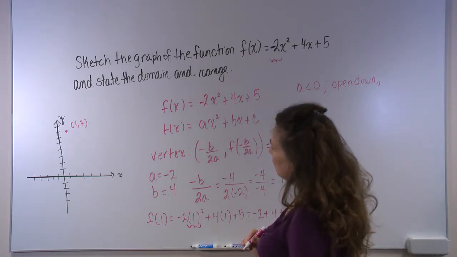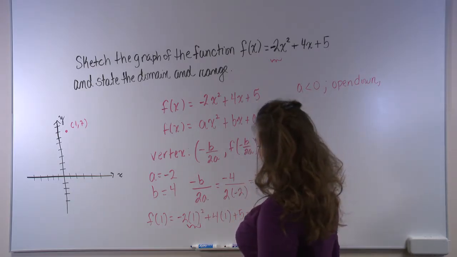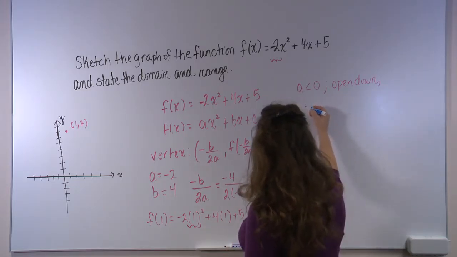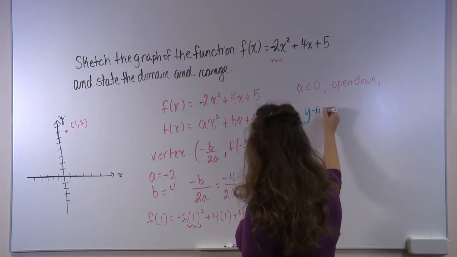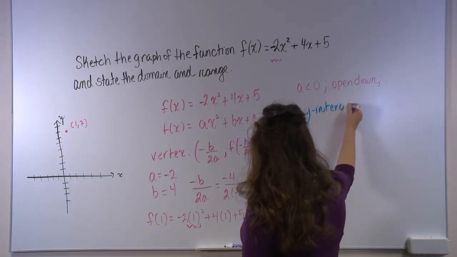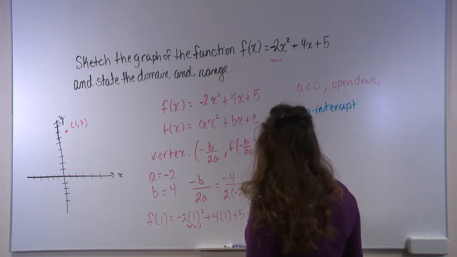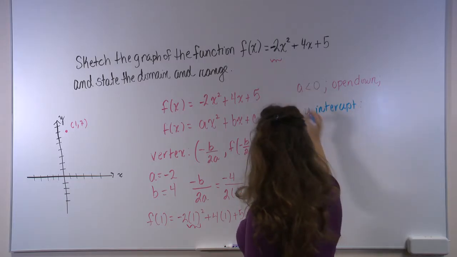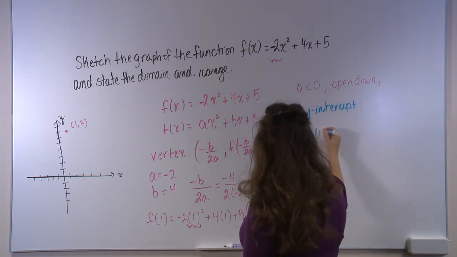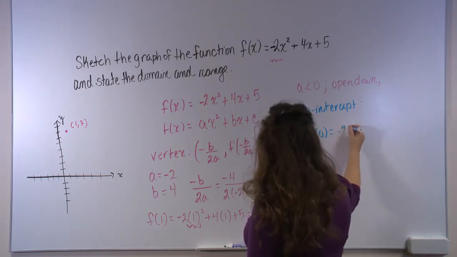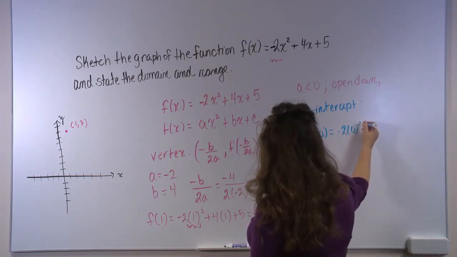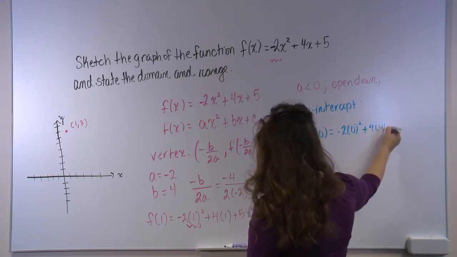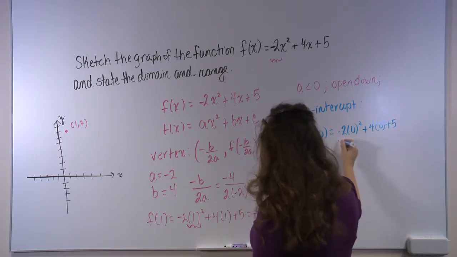And a third feature I'm going to notice is the y-intercept. The y-intercept is when x is equal to 0. So I'm going to plug 0 into the function. f of 0 is equal to negative 2 times 0 squared plus 4 times 0 plus 5.